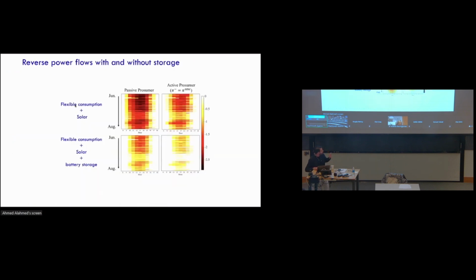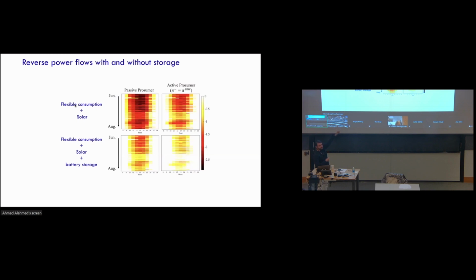Okay, so I'm going to show one simulation result here. The top 2 figures are when you have flexible consumption and solar. The bottom figures are when you have flexible consumption, solar, and battery. What we are plotting here is the reverse power flows, so how much power you export to the utility company. If you are a passive prosumer, you can see in the top left figure that you export this much.